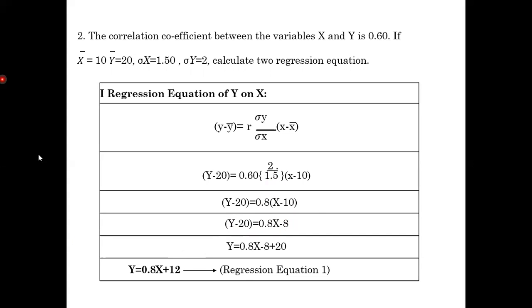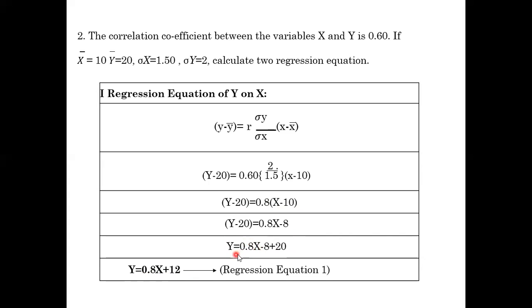Okay. So the next step is y is equal to, bring this side: 0.8x minus 8 plus 20, because if you bring 20 to this side, it will become plus 20. So this is the step. See here, y is equal to 0.8x plus 12.